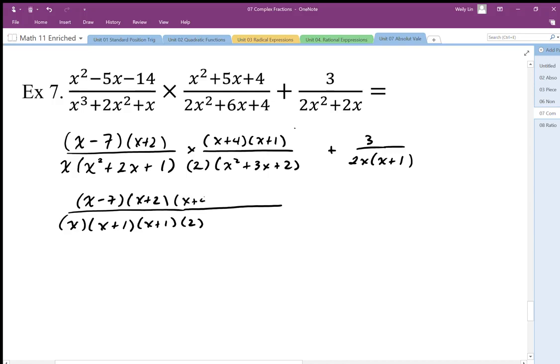X plus 4, x plus 1. The denominator factors to x plus 2, x plus 1. And again, we need to make sure we keep track of that term. But I'm not going to do anything with it yet until I finish the times and divide.